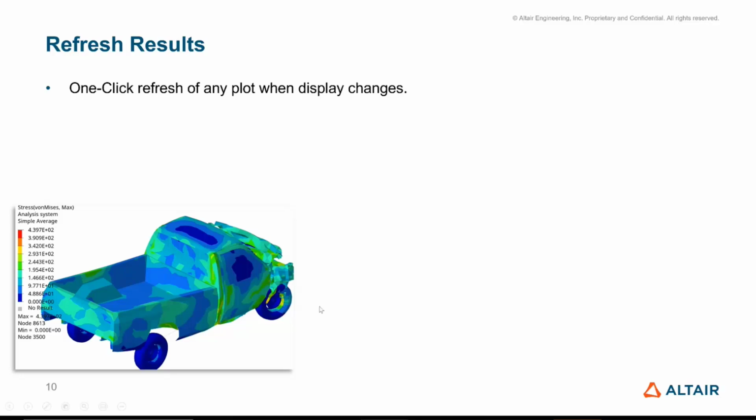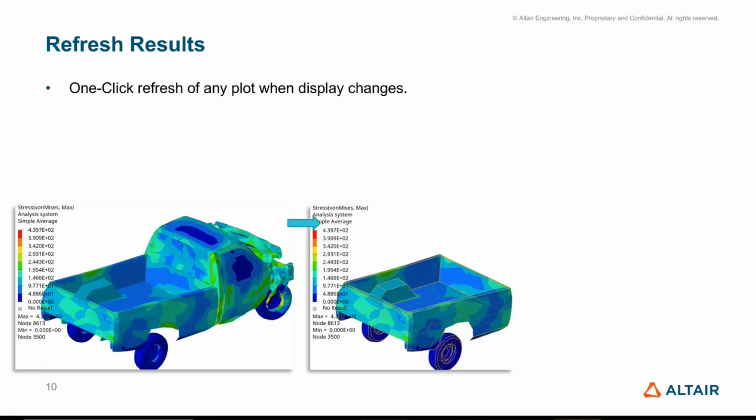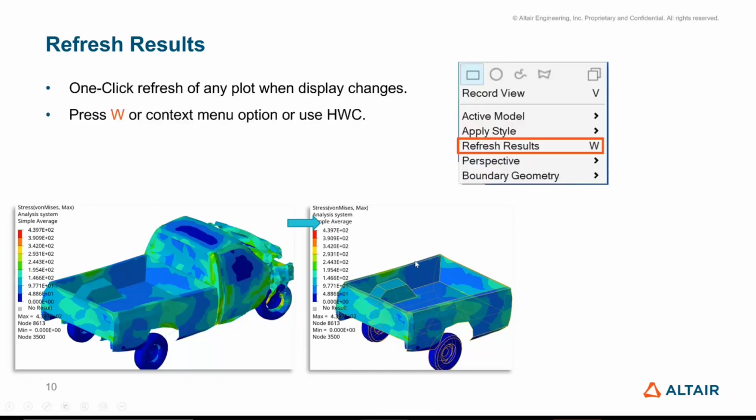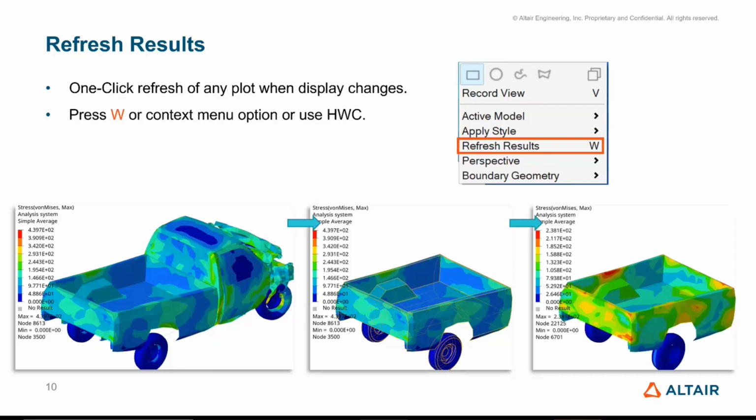Now, if you isolate some parts out of it, we show the isolated parts on the screen, but the contour has not been updated to match that display. So using a single click, either press the W key or use the context menu or use a HyperWorks command language, you can simply refresh the result with this one-click option, and it will automatically update the contour with the new min and max based on what you have displayed.